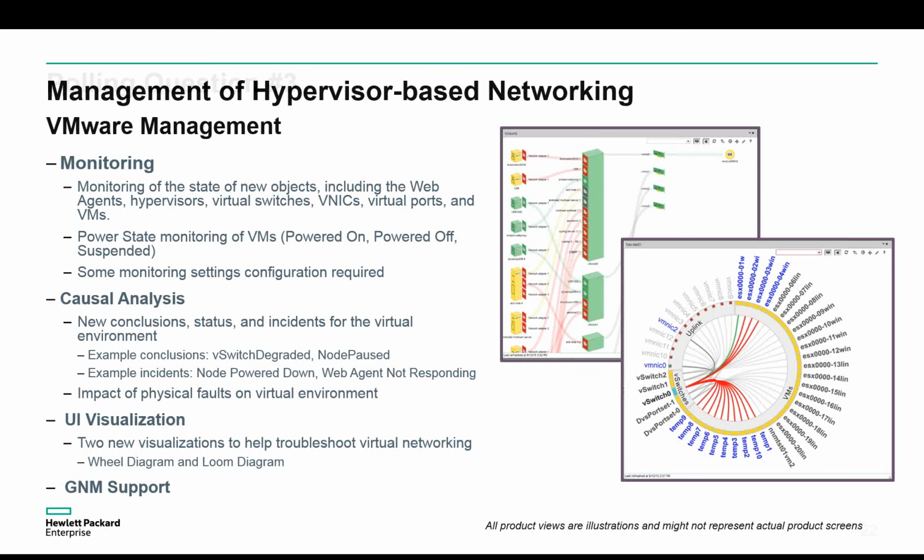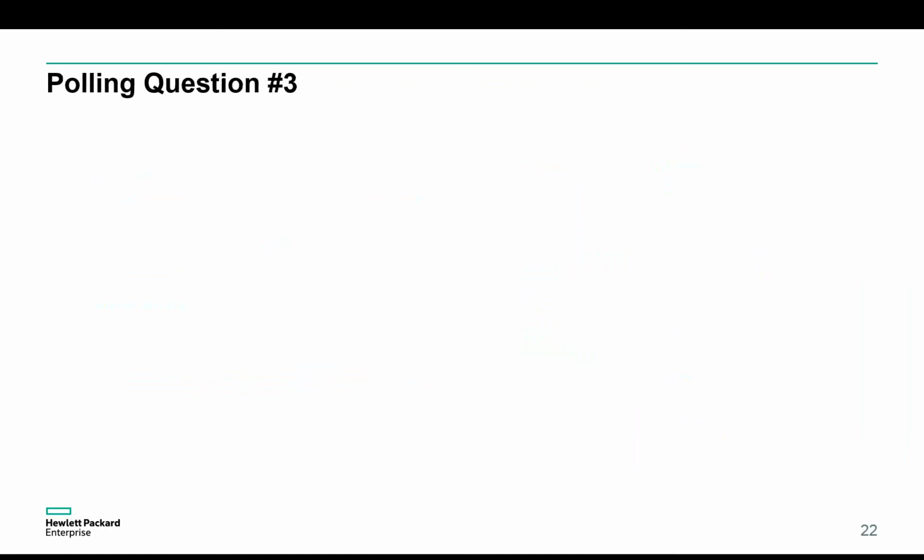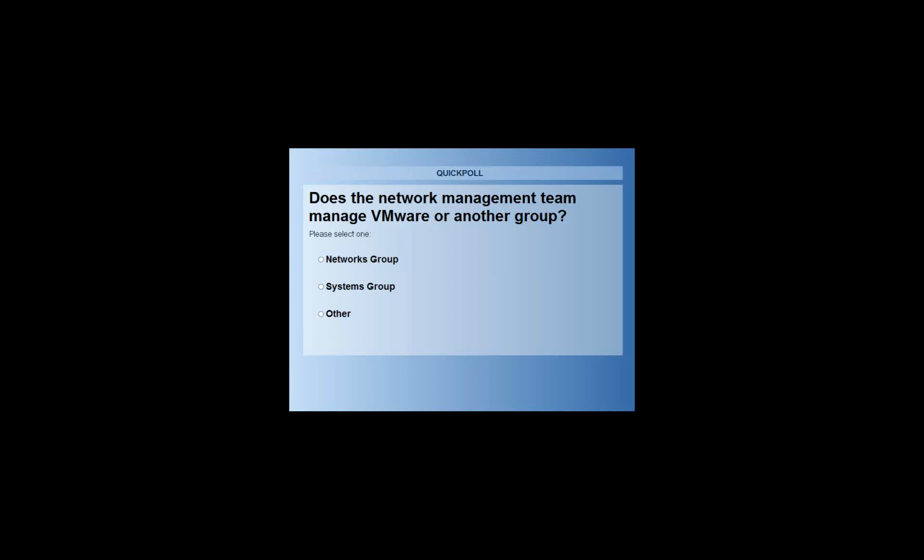So finally, I'd like to launch the last polling question and ask about the network management team and their responsibility to manage the VMware environment, or does this reside in a dedicated systems group? The question is, does the network management team manage VMware or any other group?